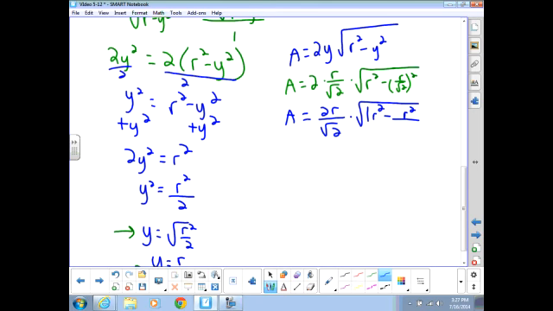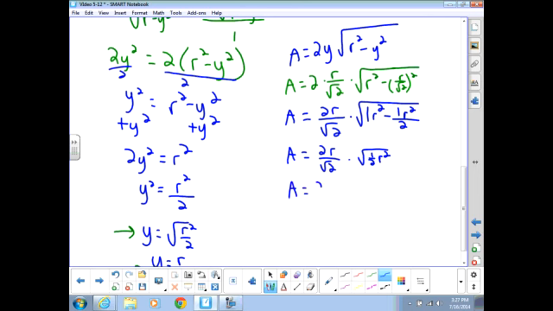Square the denominator, square root of 2 squared is just 2. Well, that's like saying minus 1/2 r squared. So A is now equal to 2r over square root of 2 times the square root of 1r squared minus 1/2 r squared gives us 1/2 r squared.